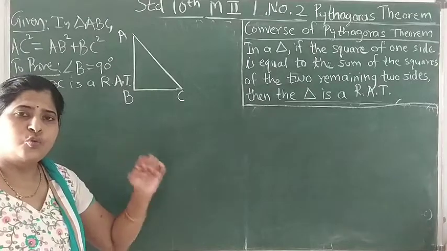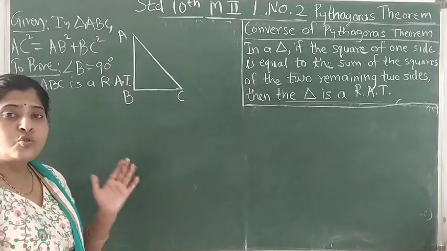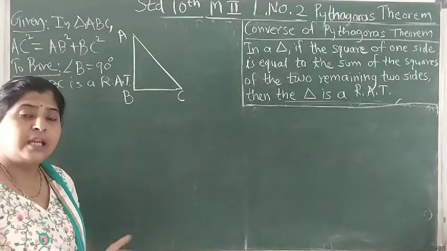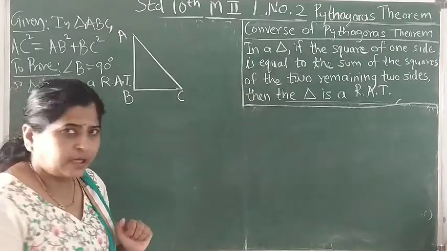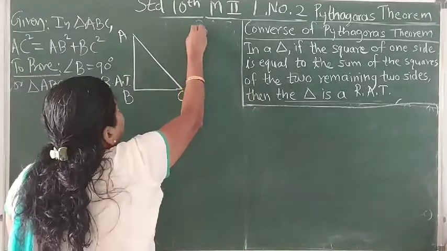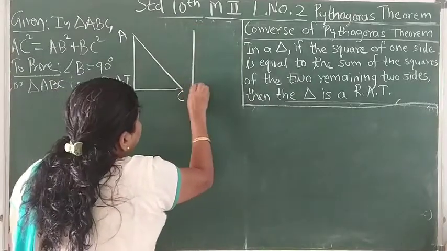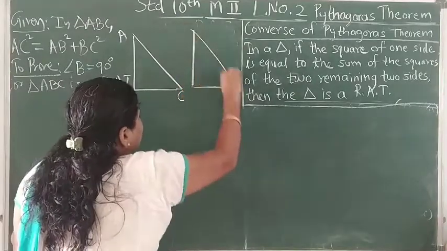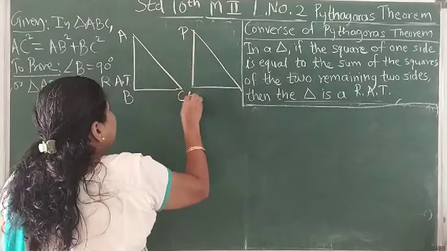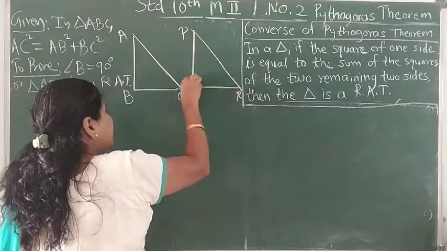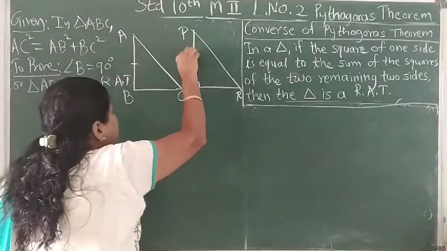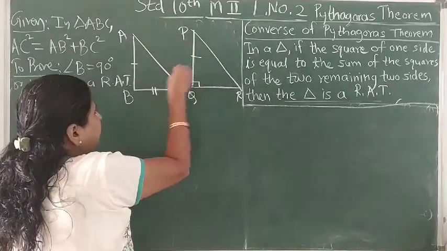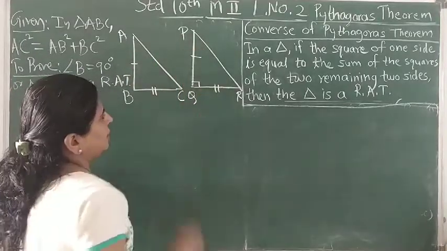Now here, let's do one construction. Let's draw one right angle triangle and then let's see what we can do. Suppose I am drawing a right angle triangle PQR, okay, such that angle Q is 90 degrees. Now AB is equal to PQ, and BC is equal to QR.